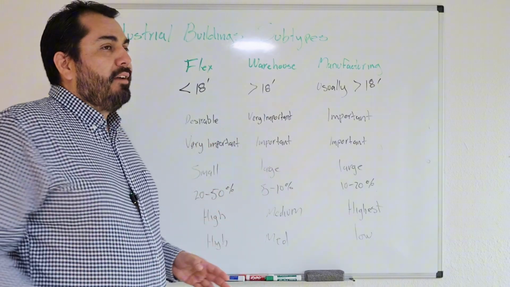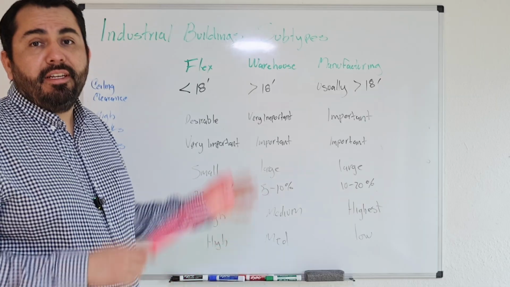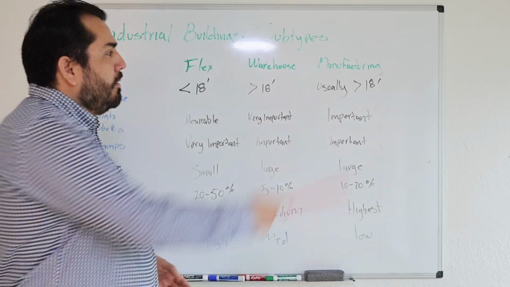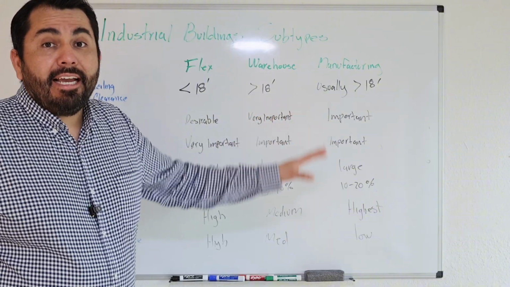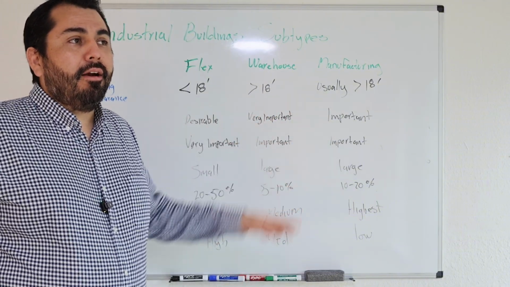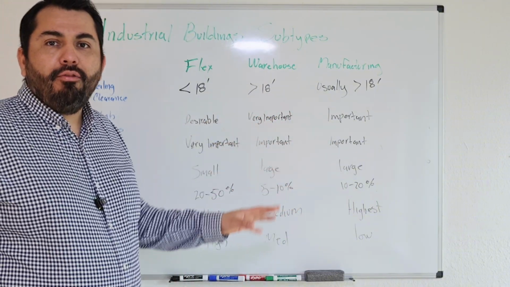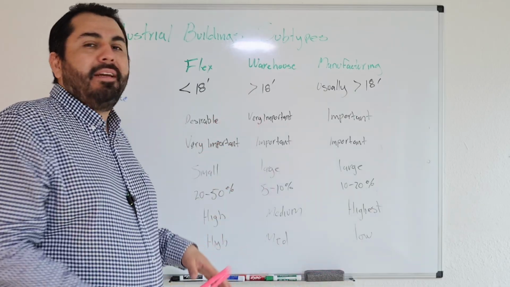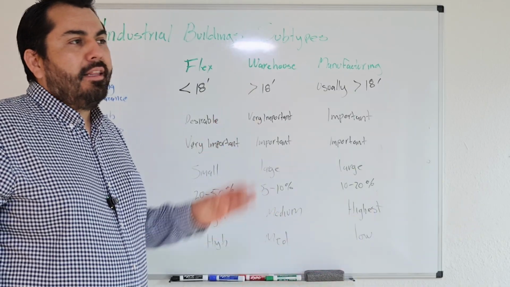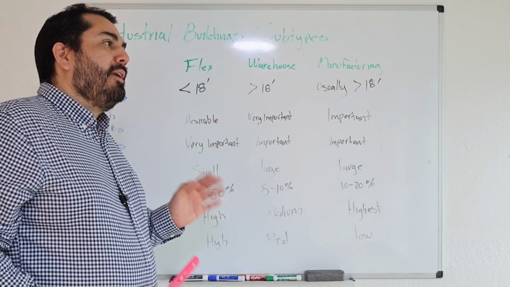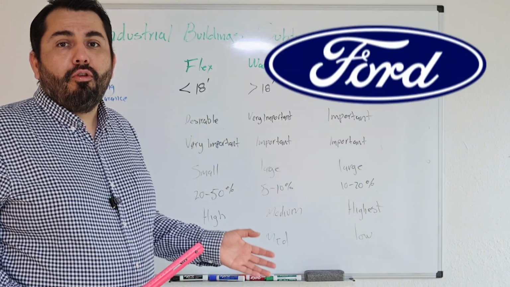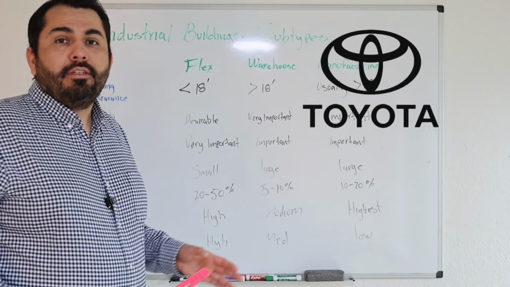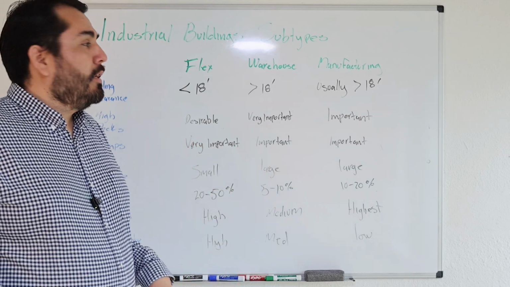So in manufacturing, we have light manufacturing and heavy manufacturing. What we are going to talk about here is mostly light manufacturing, because heavy manufacturing is more like specialized types of buildings, like a refinery, or maybe an automotive company like Ford or Toyota, something very huge.